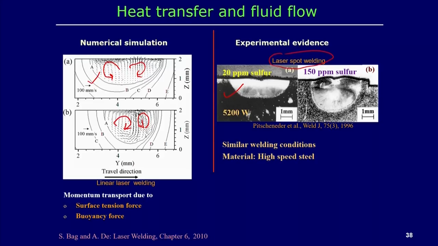When you do the simulation of this material flow, we need to consider the positive or negative value of the coefficient of surface tension that we discussed. By changing the sign of this coefficient, we are able to incorporate the effect on the material flow pattern, and finally predict the weld pool shape and size when you do thermofluid analysis of the welding process.